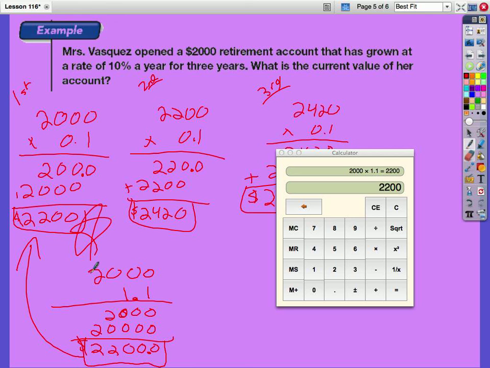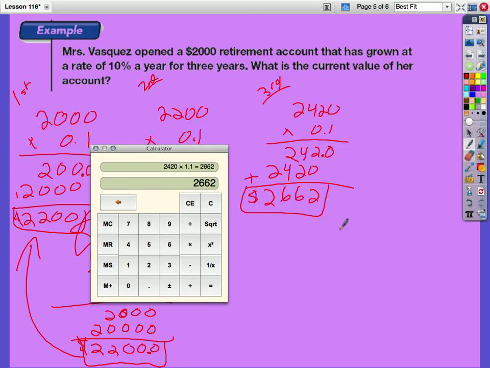Okay. Now, I take that times 1.1 again if I want to know the second year. Hit equals. Notice I got this, $2,420. Okay. If I want to do it another year, notice the numbers are the same, 2,662. So that's after 3 years.